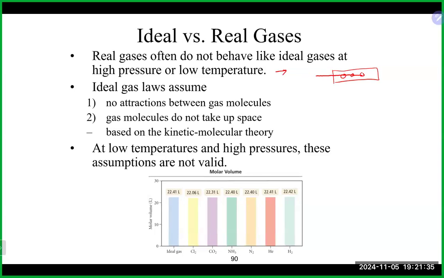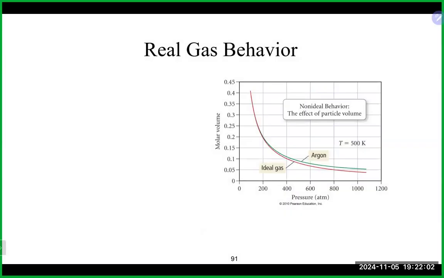The ideal gas law, as we talked about, basically assumes no attraction or repulsion forces between gas molecules, and also that the gas molecule itself doesn't take up any volume. Under real gas conditions of high pressures or low temperatures, you do have to take into account those two interactions: the volume of the gas itself and the interaction of the gas molecules.